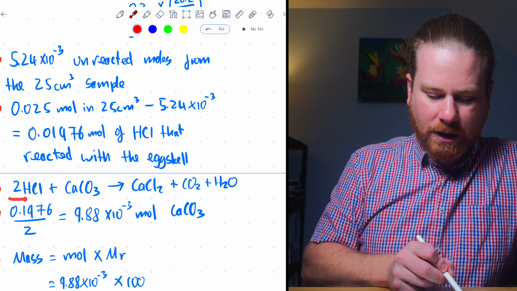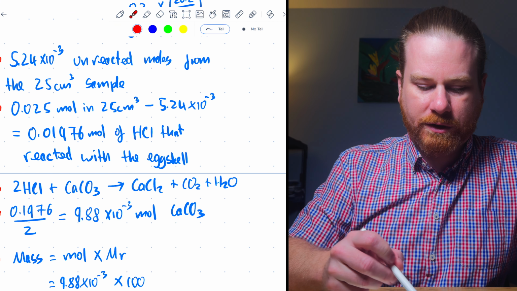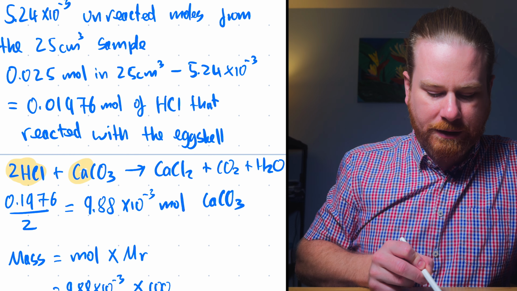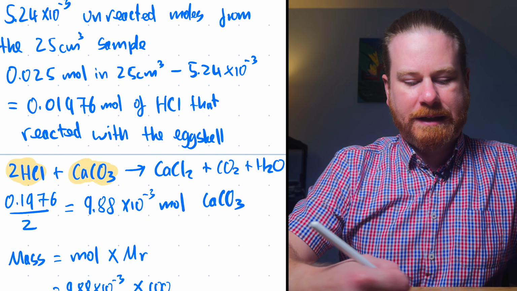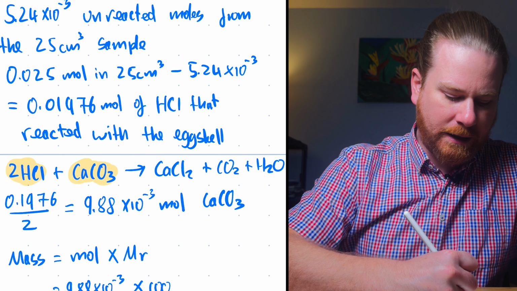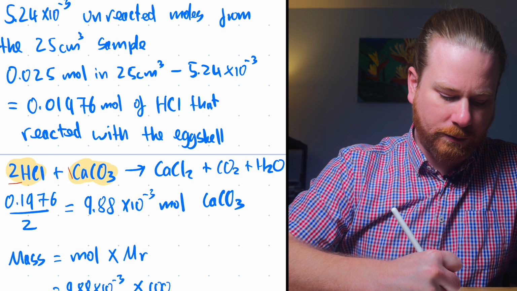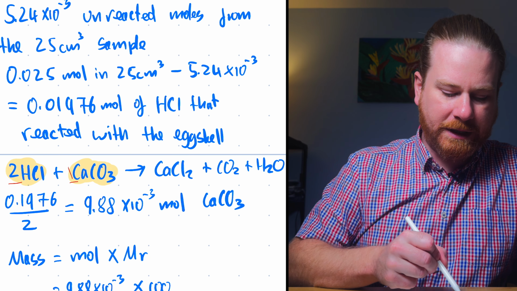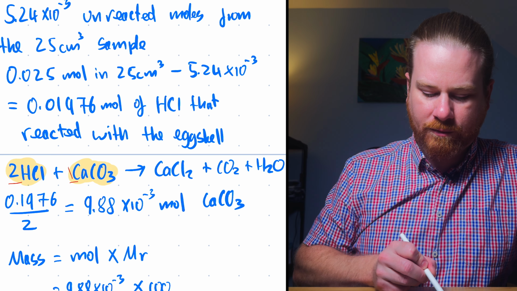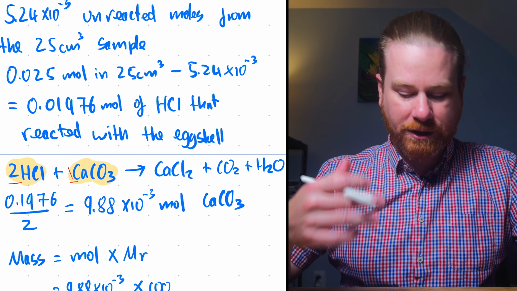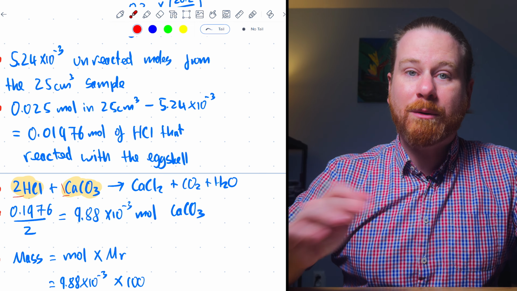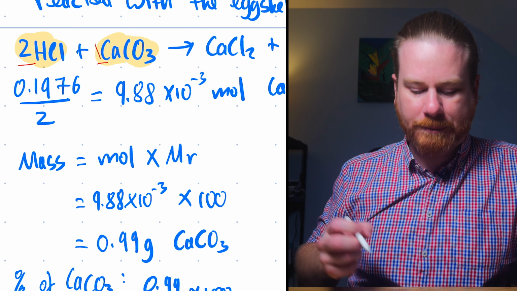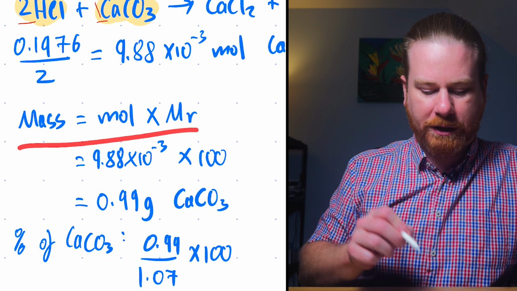So we've got our equation here. In this case, the hydrochloric acid to calcium carbonate is in a 2:1 ratio. So once we know the moles of the acid, we divide that by 2, and then we get the moles of calcium carbonate. Now we can convert it back to a mass, using this equation that we've already looked at.